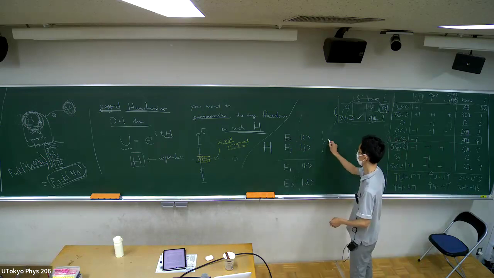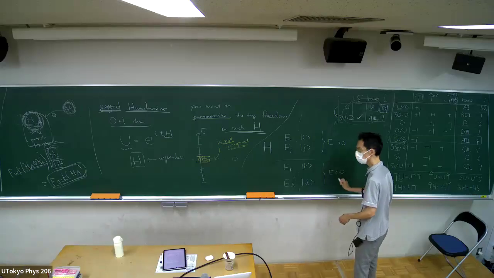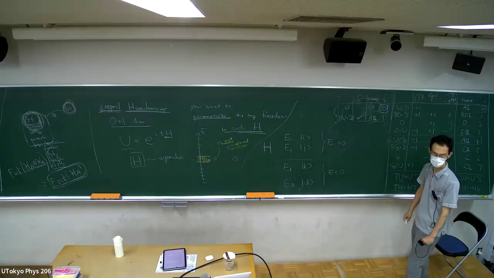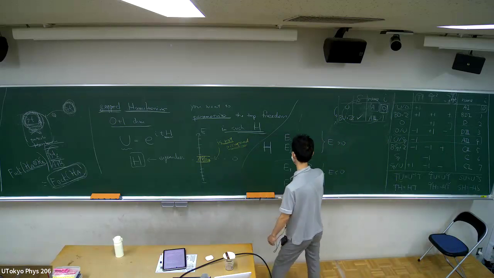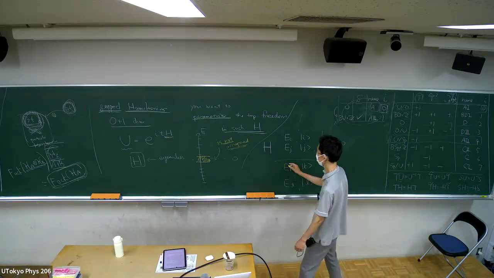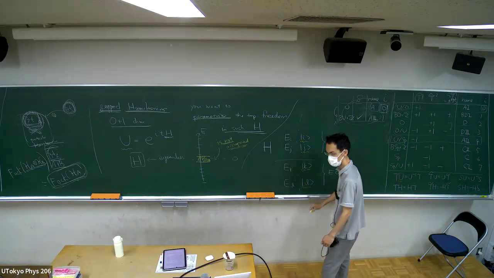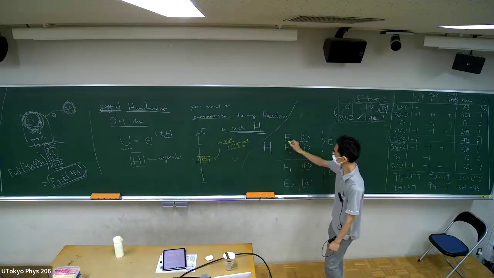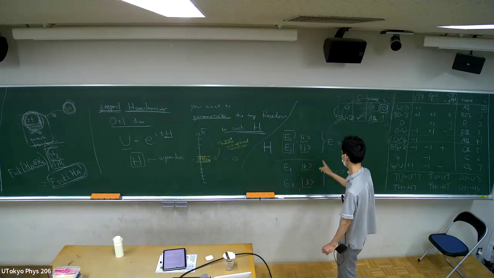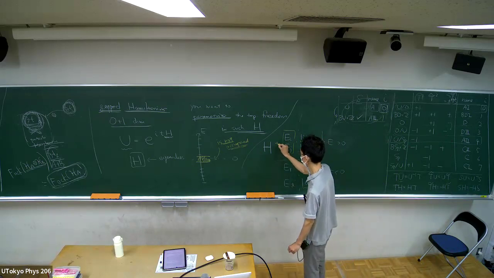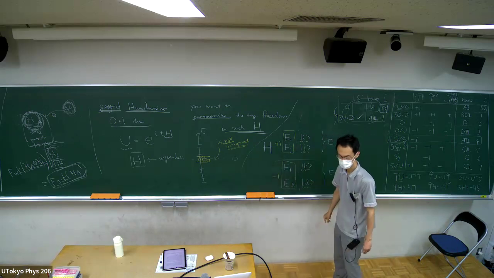Let's say these are positive eigenvalues. These are negative eigenvalues. Now, it's clear that you can fix the eigenstates, but continuously change the eigenvalues so that all positive eigenvalues become +1 and all the negative eigenvalues become -1, right?